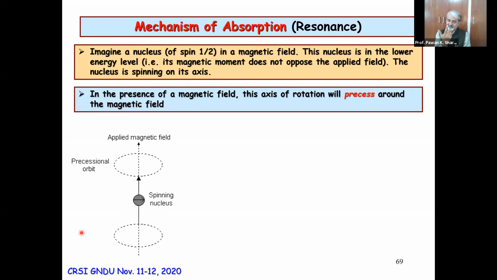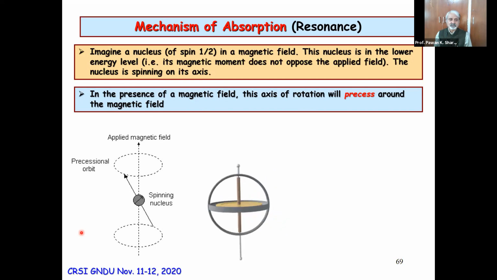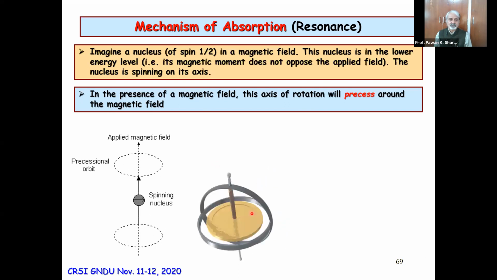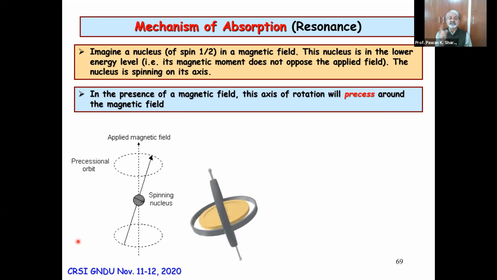In the absence of a magnetic field, it is disordered, no order. The spin is still there. But when we apply an external magnetic field, the spin would be there, but along with spin, there would also be a precessional motion, as you see in this gyroscope. It has two types of motion. One is spinning on the axis, and the second is the precession around the direction of the applied magnetic field.